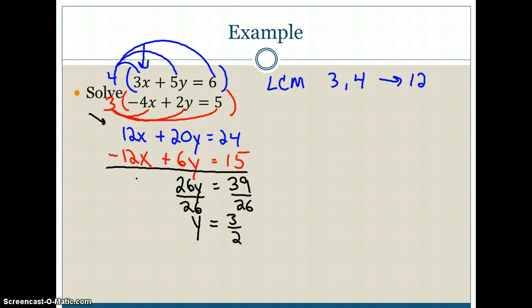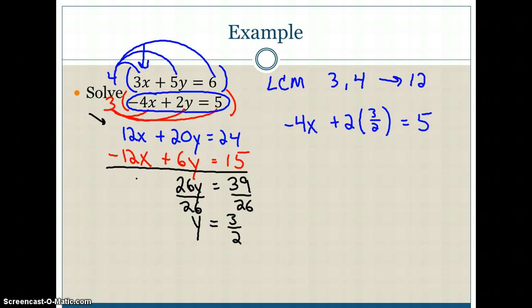Our next step, we've solved for one of the variables, and now we have to go back and solve for the x variable. So what we will do is we'll substitute, and I'm actually going to use this original second equation. The reason I'm doing that is I'm seeing 3/2 with the y, and that's going to be the easiest one to work with. -4x plus 2 times 3/2 equals 5.